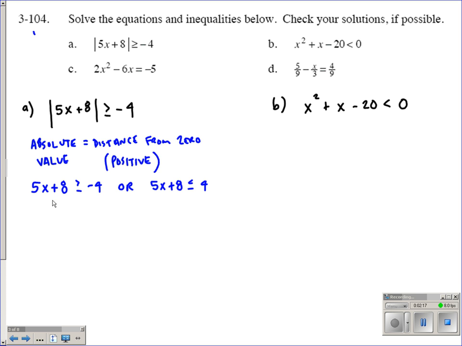When we solve these, subtract our 8 from each side, we have 5x is greater than or equal to -12. We finish solving it, and we get that x is all the values greater than or equal to -12/5, or -2 and 2/5.